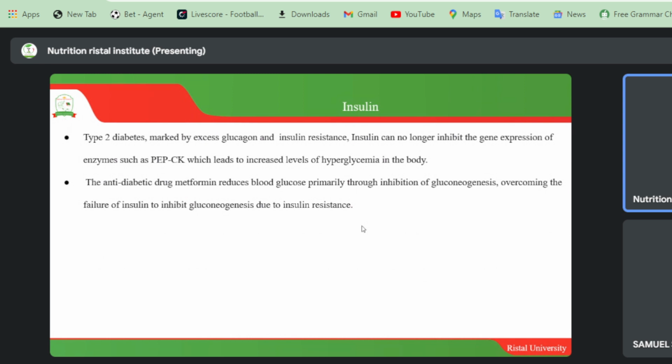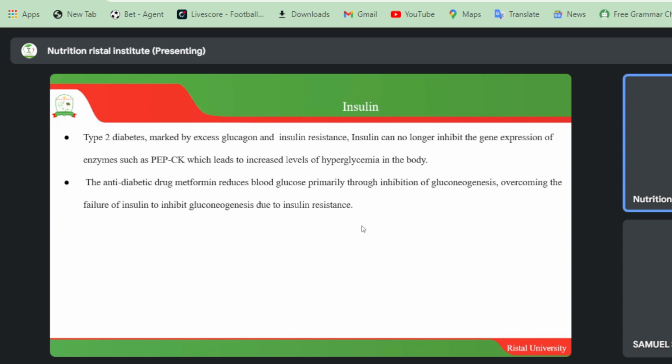Glycolysis is very important and it helps a person who is diabetic with the breakdown of glucose. However, in the case of gluconeogenesis, it generates more glucose, meaning it increases your blood sugar levels.